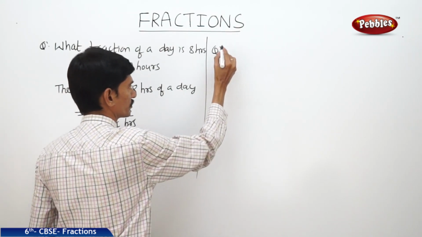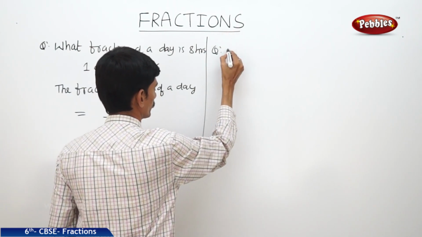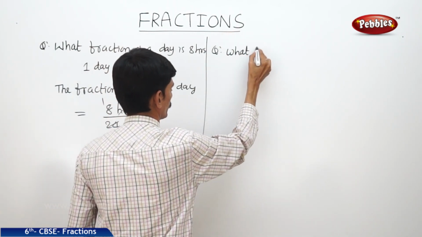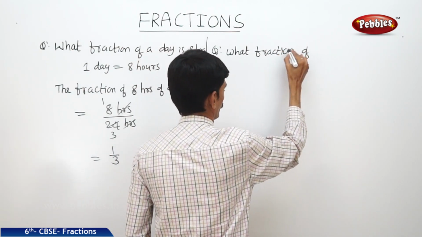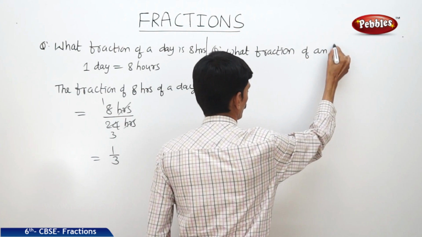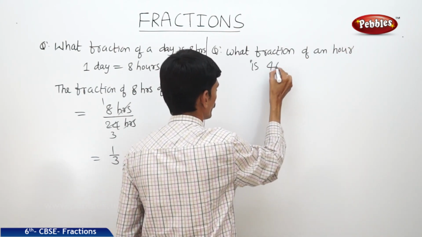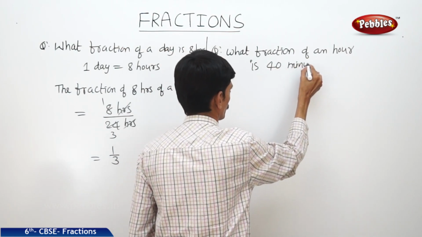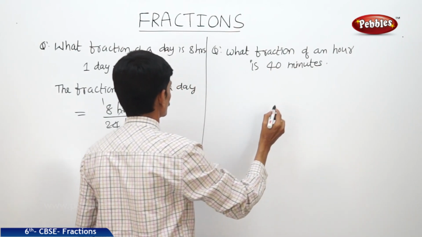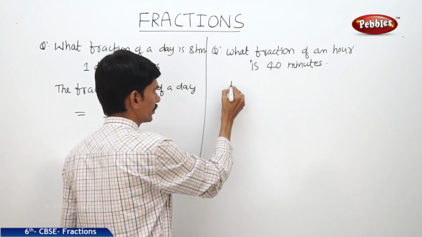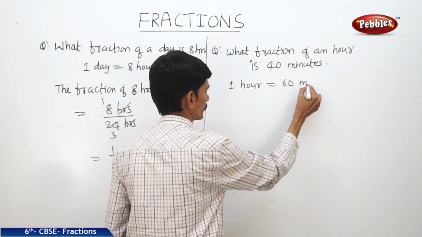The next question, what fraction of an hour is 40 minutes? So that is 1 hour equal to 60 minutes.